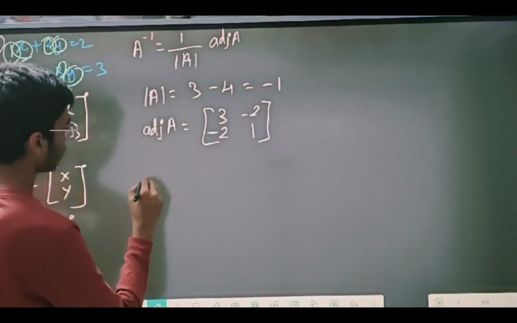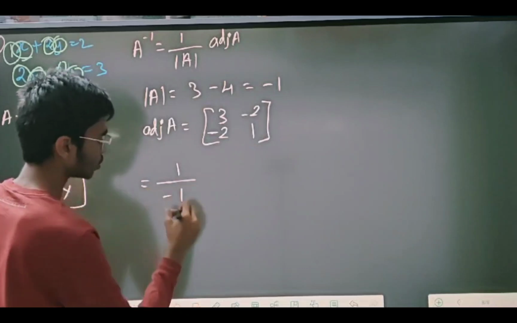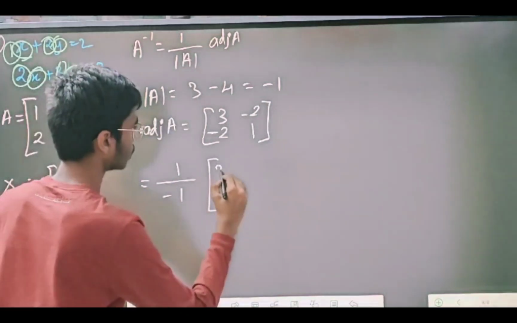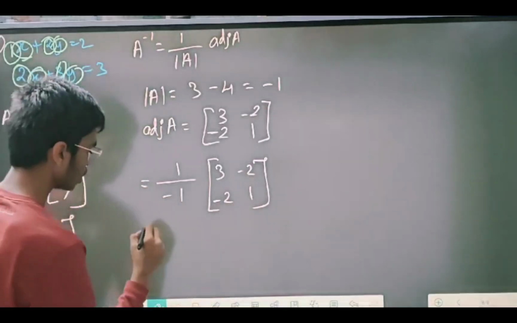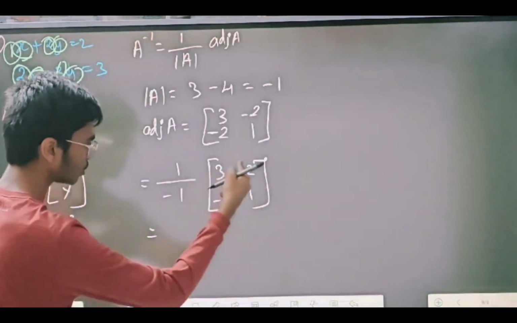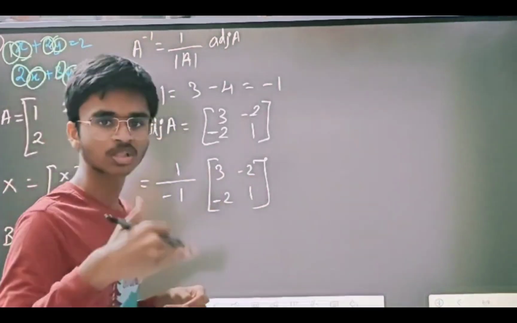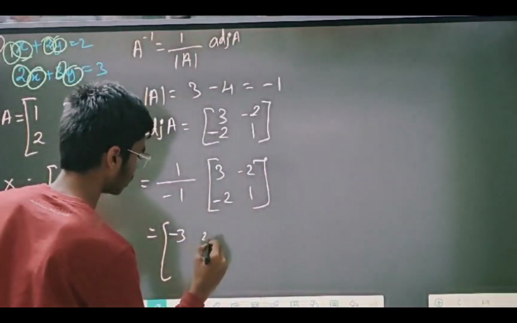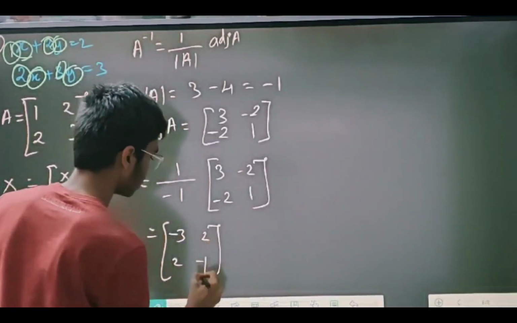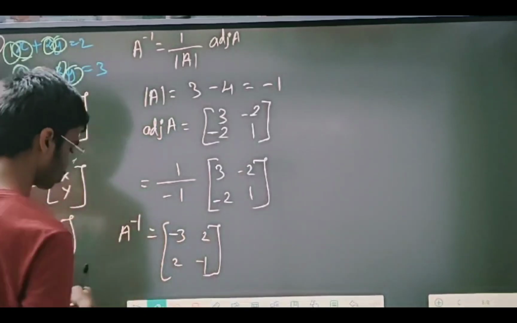It's going to be 1 by minus 1 into the matrix 3, minus 2, minus 2, 1. Since 1 by minus 1 is equal to minus 1, multiplying it here gives minus 3, 2, 2 and minus 1. Now we have got the A inverse.